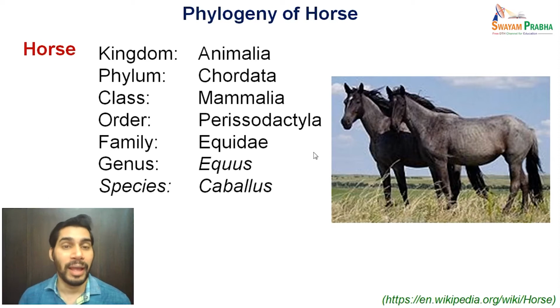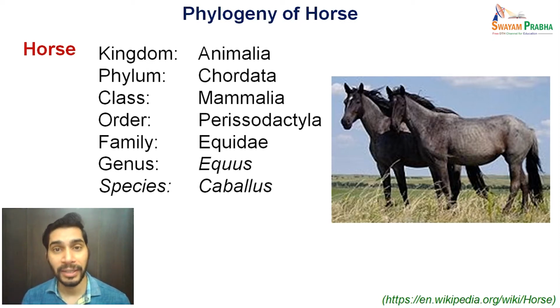So in terms of classification, the horse belongs to kingdom Animalia and the phylum Chordata, under which there is a class Mammalia that it belongs to, and within that class there is an order called Perissodactyla. Now this Perissodactyla order represents odd-toed ungulates.